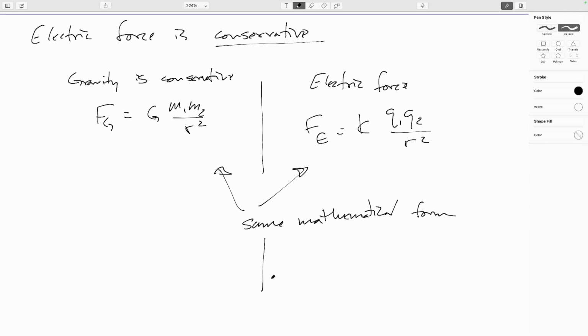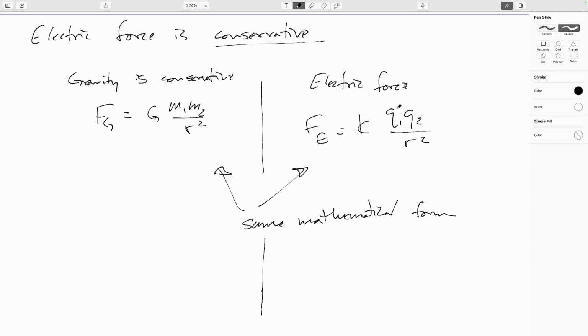So what does that mean for us? Since they have the same mathematical form, literally all the arguments that we did before to prove that gravity was a conservative force, literally all those same arguments, when applied to the electric force, will give the exact same answer, because they have the same mathematical form. In the case of gravity, it depends on the masses.